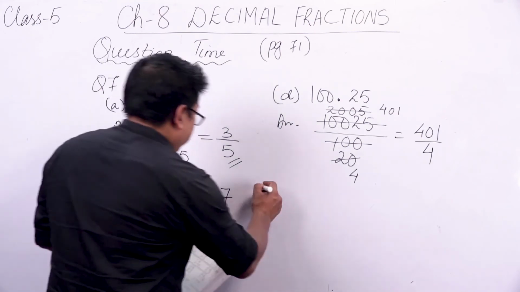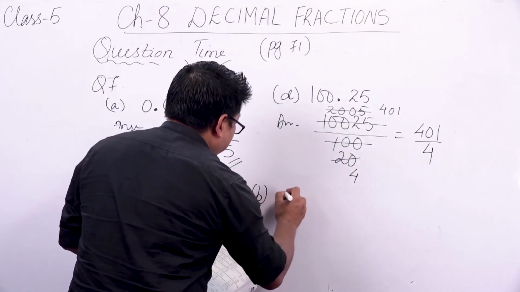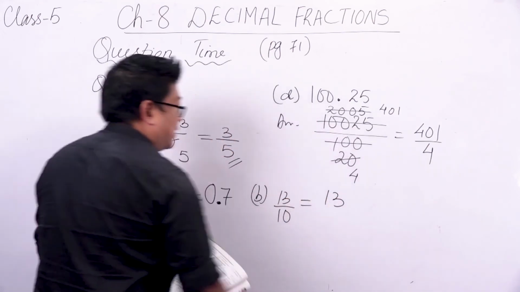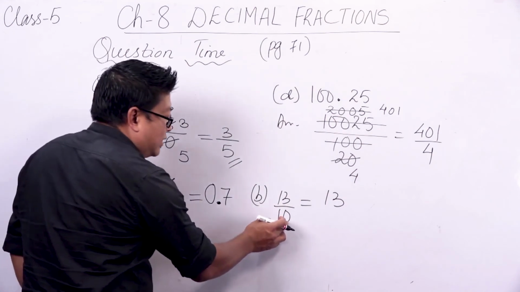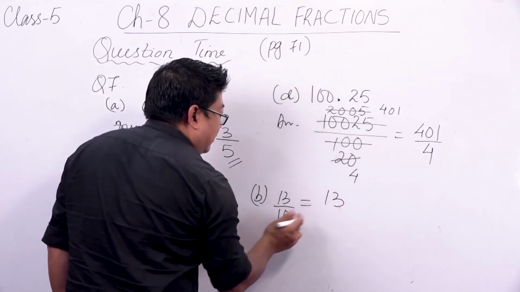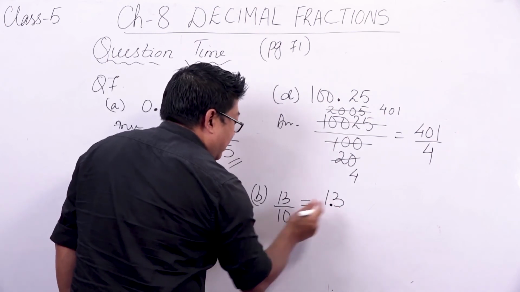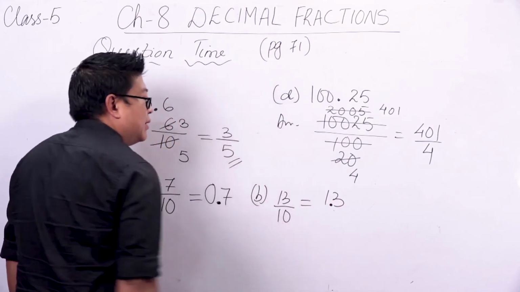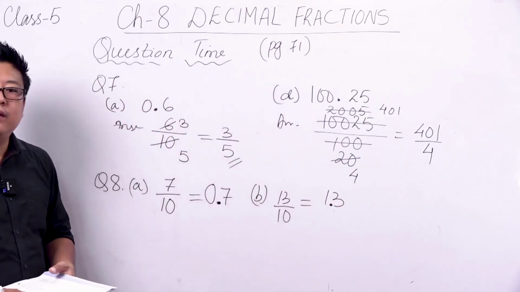Okay. Similarly for question B, 13 by 10 is equal to, I will write 13 as it is. Now there is one 0. So start counting from the right. 1 and then point, because there's only one 0. One place and then point. That means your decimal number is 1.3.